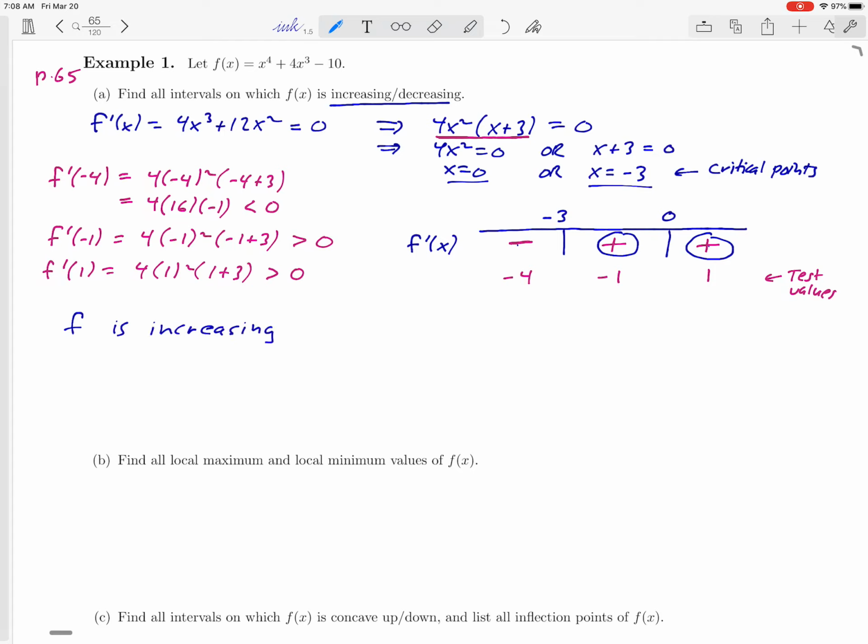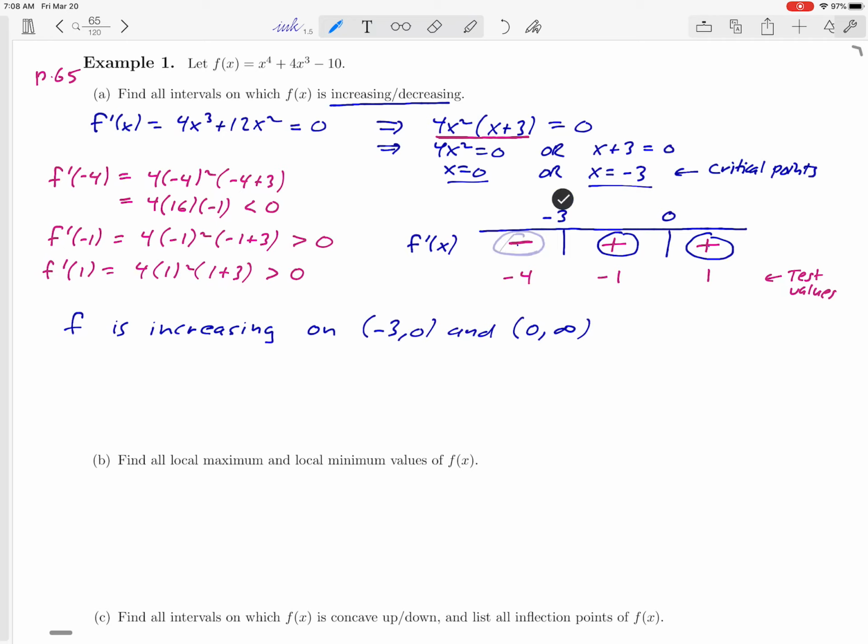We could say that f is increasing in the two locations where we have a plus sign in our chart, which would mean that we're increasing between -3 and 0, and again, everywhere to the right of 0, from x equals 0 to x equals infinity. Those are just the two intervals where we're getting plus signs in our sign chart.